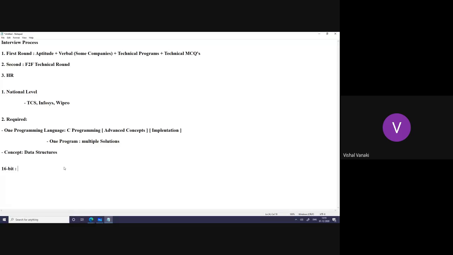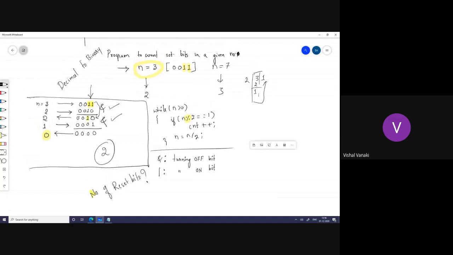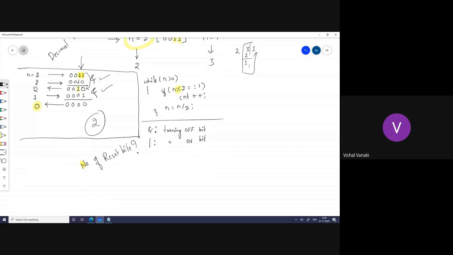In 16-bit compiler, the size of integer is 2 bytes. And in 32-bit compiler, size of int is 4 bytes. Now I don't know which compiler I'm working on, right?